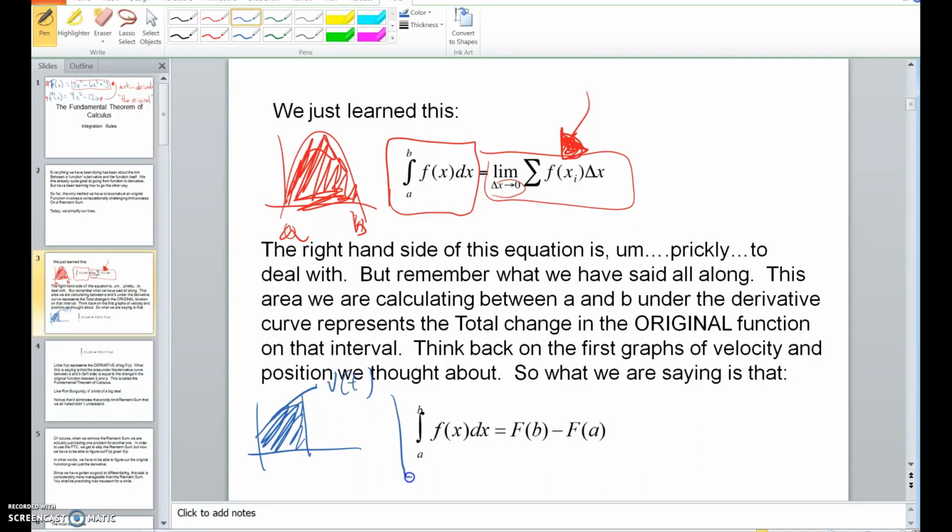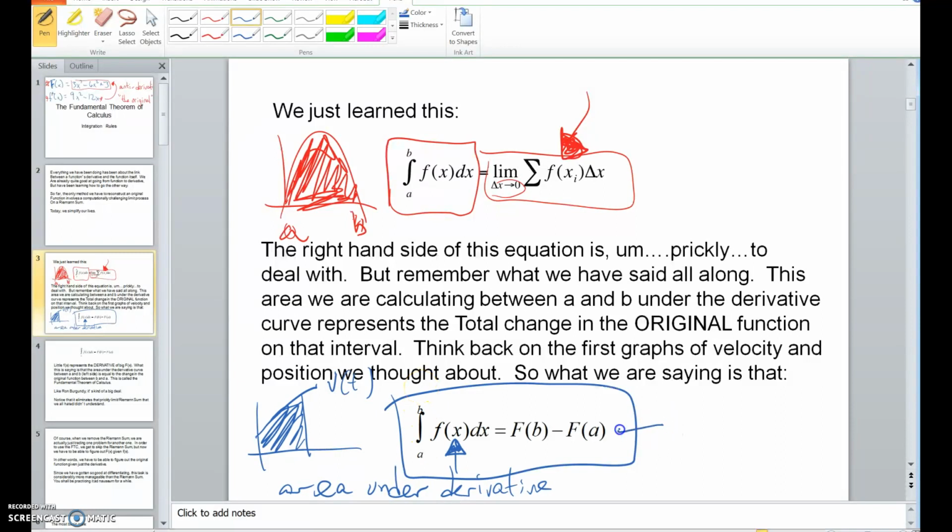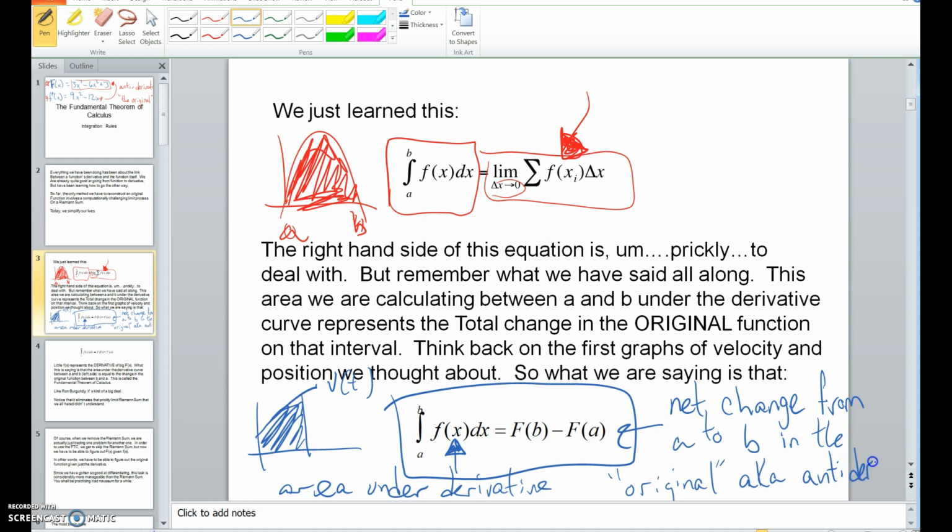So this fact, that the area underneath a derivative in between a and b is equal to the net change from a to b in the original function, also known as the antiderivative. This is called the fundamental theorem of calculus.